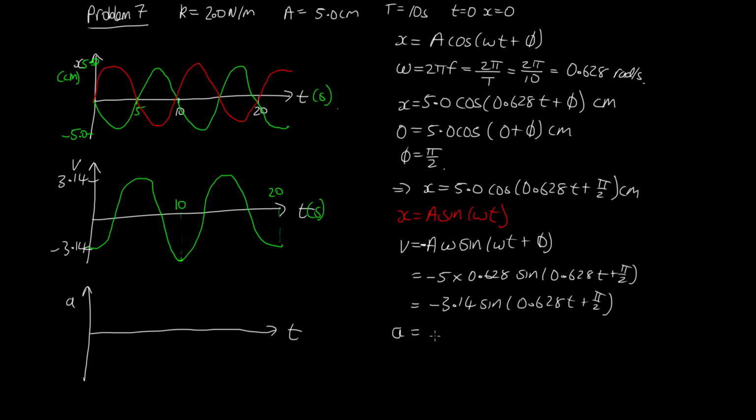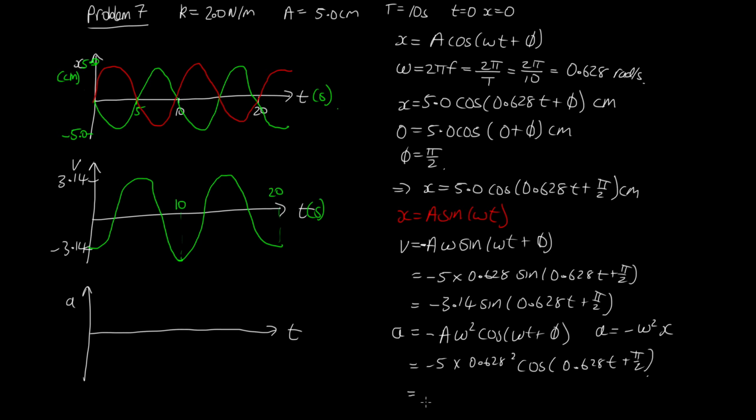So for simple harmonic motion, we can either use that the acceleration is equal to -a omega squared cos omega t plus phi, or if we wanted, we could use a is equal to minus omega squared x. And so when we put in our numbers, in this case, we'll have -5 times 0.628 squared times cos of 0.628 t plus pi on 2.